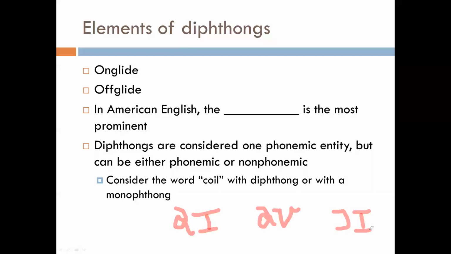And to illustrate what we mean by phonemic is whether it's going to change the word if you leave out part of the diphthong. So let's look at this little oi here and think of a slightly different word. You can consider the example I've given here in the slide, but think of a word like join. It's got that oi sound in there, and it ends with an n. But what if you left out that I part and you just said John?